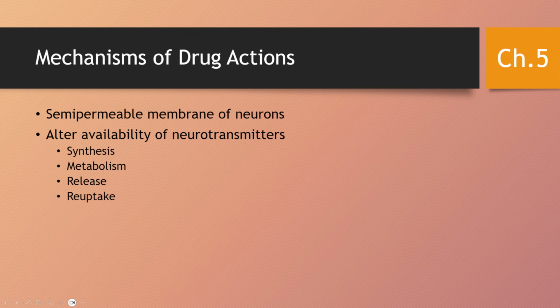And they alter the availability of those neurotransmitters. Right? We talked about this in both the synapse as well as those different sites. So we can look at things like synthesis, metabolism, as well as the release from the vesicles and the reuptake into the neuron itself. So these are all different ways that drugs can affect or act on this communication from neuron to neuron.